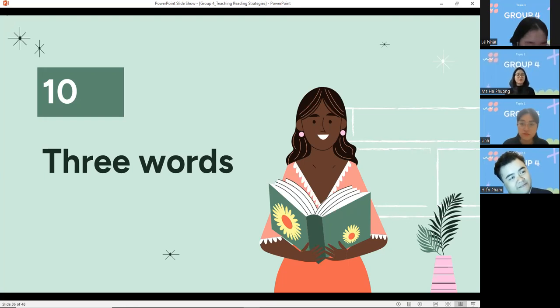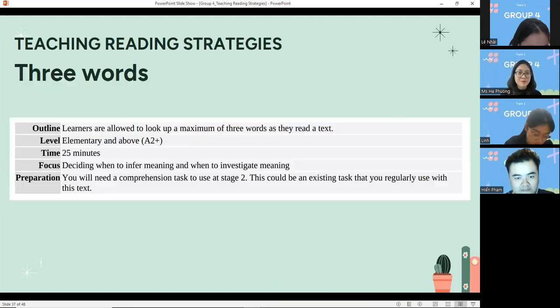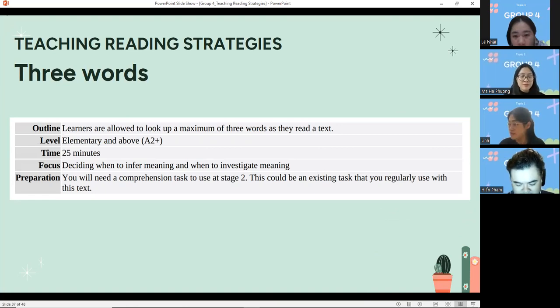Okay, so now we'll move on to the next reading strategy. For the next part, I'm going to talk about the 3 words reading strategy. In the outline of this strategy, learners are allowed to look up a maximum of 3 words as they read a text.